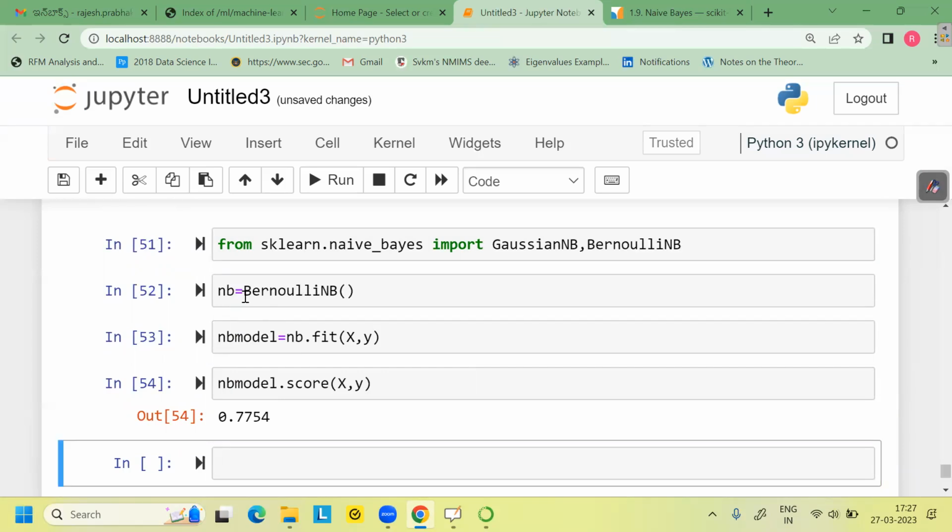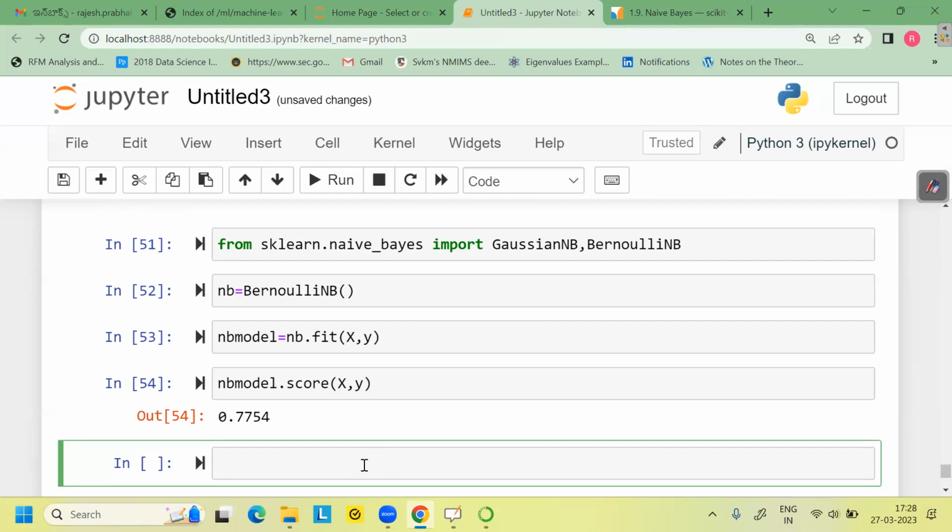We got 77, how drastically it improved with Bernoulli. So we will use Bernoulli naive Bayes because our dummies are there. 77 columns are get_dummies, 0 and 1. Bernoulli means binary distribution, 0 and 1. Bernoulli was a statistician who discovered this binary distribution. If we use BernoulliNB, we got 77.54.